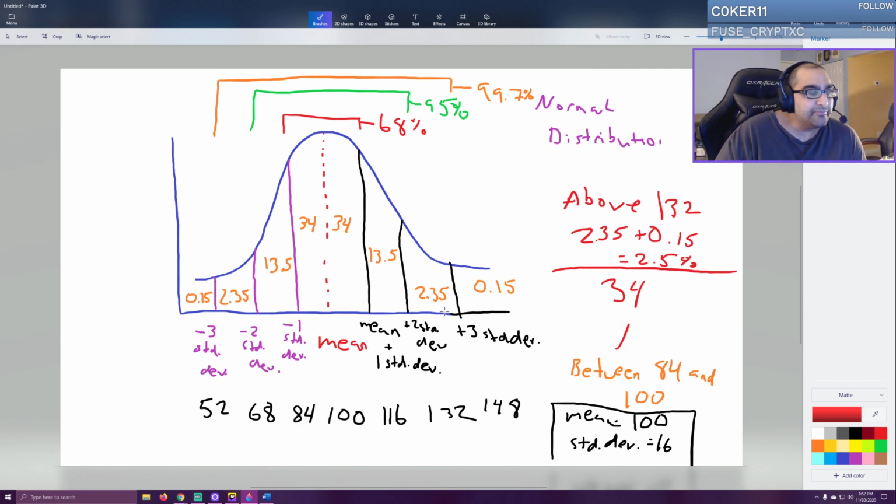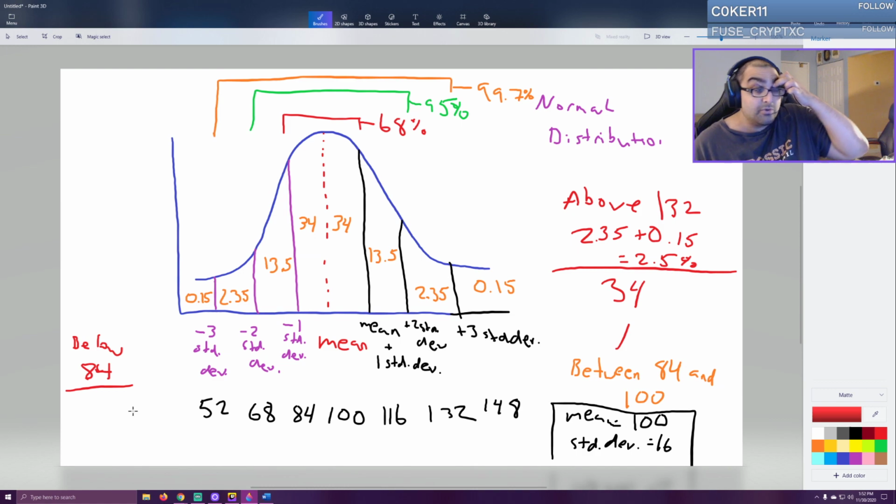All right, now let's throw another one your way. And this time you guys tell me what it is. Let's go below 84. Can anybody tell me here, what percentage of the data items are going to be below 84 in this normal distribution?